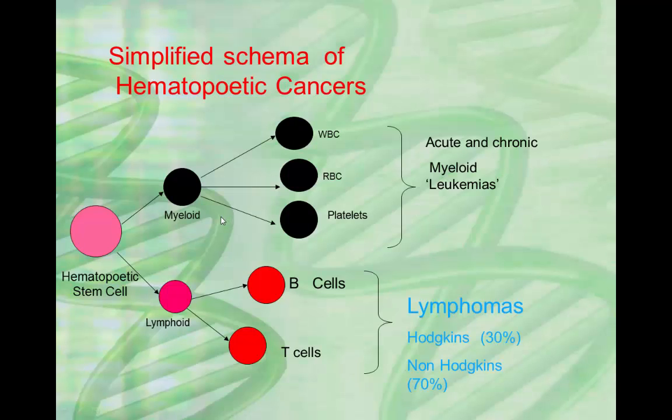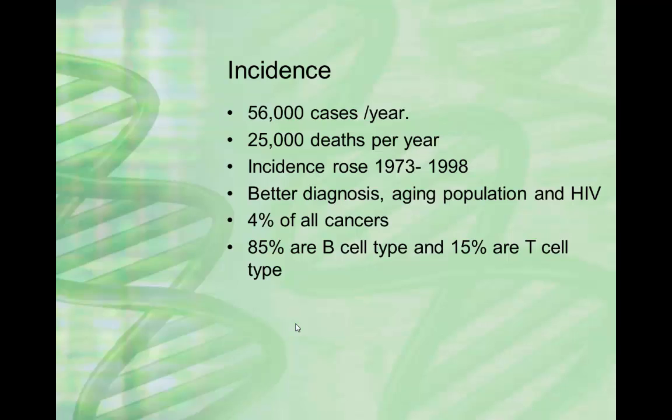Again, if you remember, these are the lymphomas, and they come from the B cells or the T cells. 70% are non-Hodgkin lymphoma, so the most common is the non-Hodgkin lymphoma. The incidence is 56,000 cases per year.